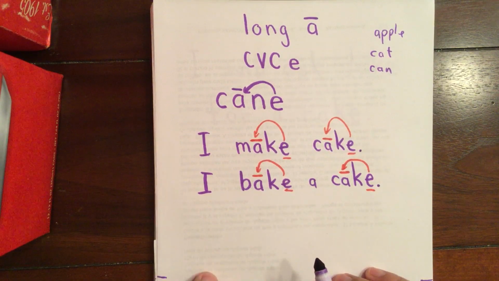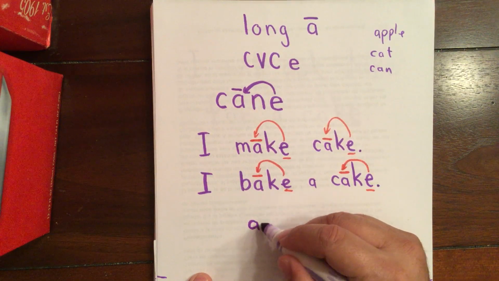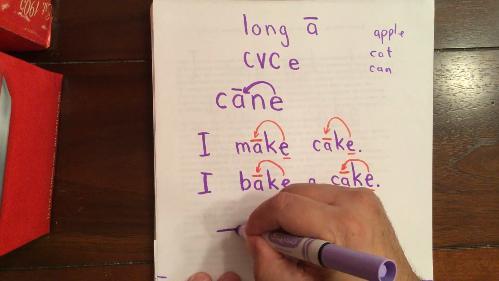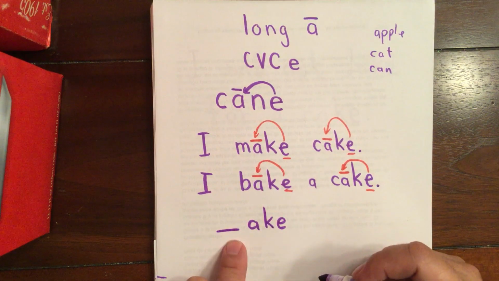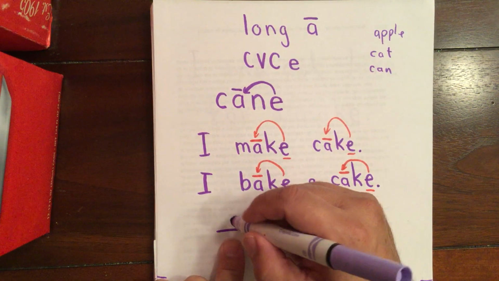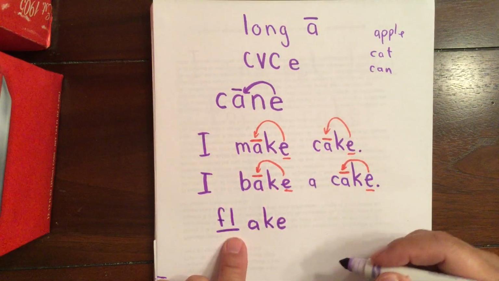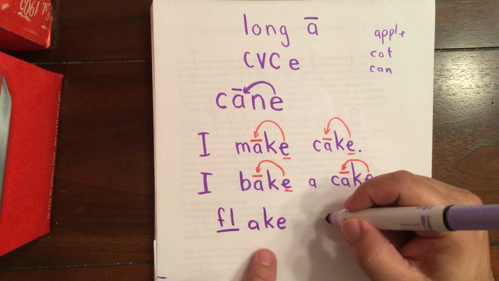For example, if we're looking at words with the AKE, you can go through the alphabet: bake, fake, not fake, but flake. And fake is a word, but it's not a nice word, so we'll just put the word flake, like a little snowflake.